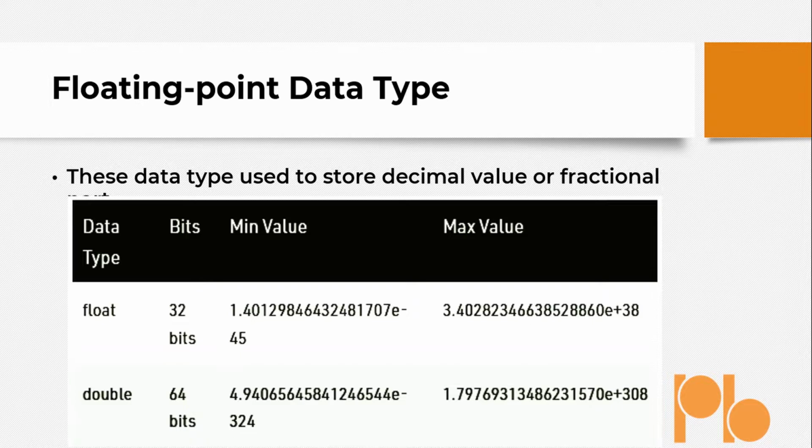Float can store fractional or decimal values. So now you can understand, can float store the number 23? Yes, it can. Float or double can store 23.5 and 23 both. Why?